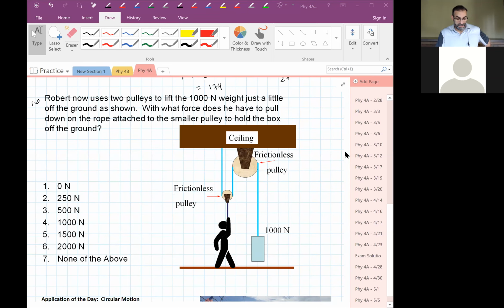Okay, now we have this configuration. Pulleys. What force does he have to pull down on that rope attached to the small pulley to lift that box off the ground?